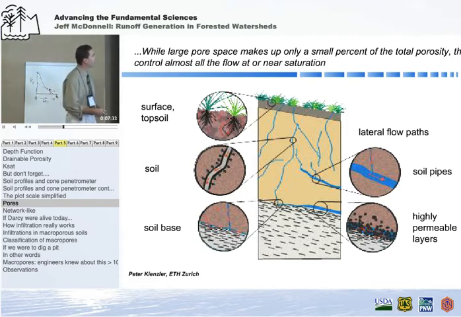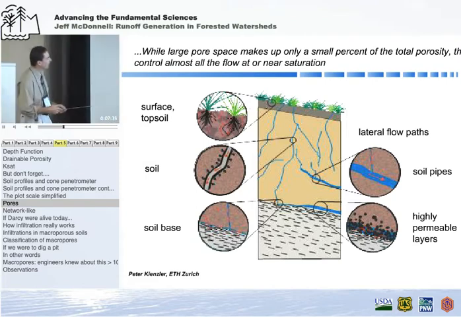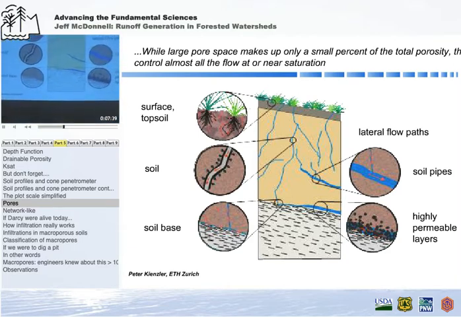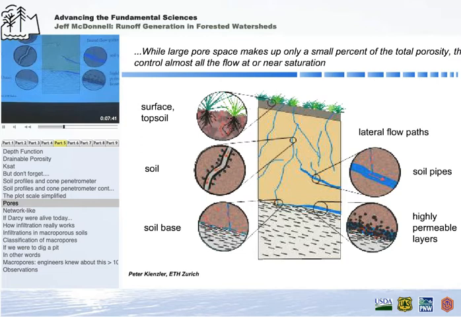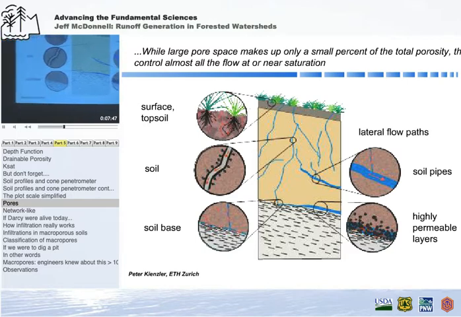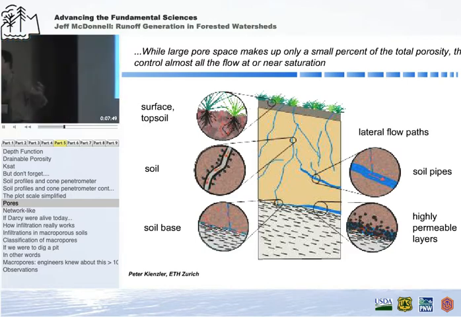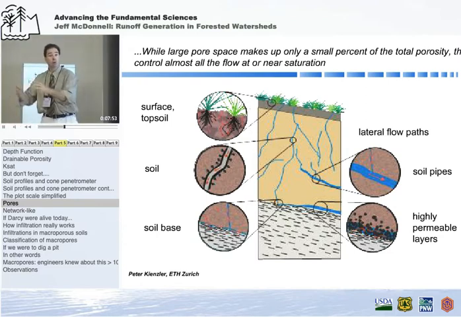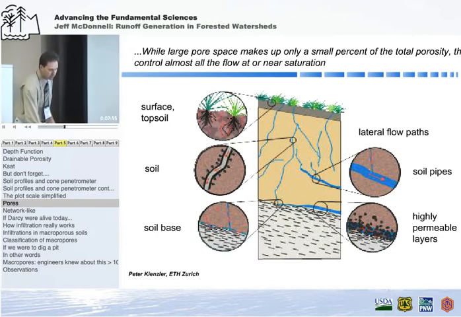What we're going to look at are everything from the distinct macropore that we might see, that could be a discontinuous decayed tree root or some feature in the soil, to maybe more mesoporosity, which is something between the extremes of the matrix, the micropores, and the macropores that we could see and measure in the field.